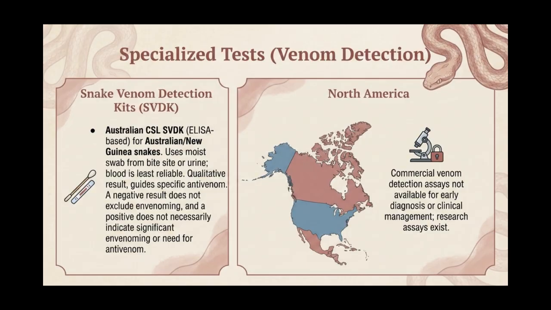However, it is important to note that a negative result from the test does not necessarily rule out envenoming. Conversely, a positive result does not always mean that there is significant envenoming or that antivenom treatment is needed. In North America, laboratory tests that directly detect venom in wounds are not currently available for early diagnosis or clinical management.